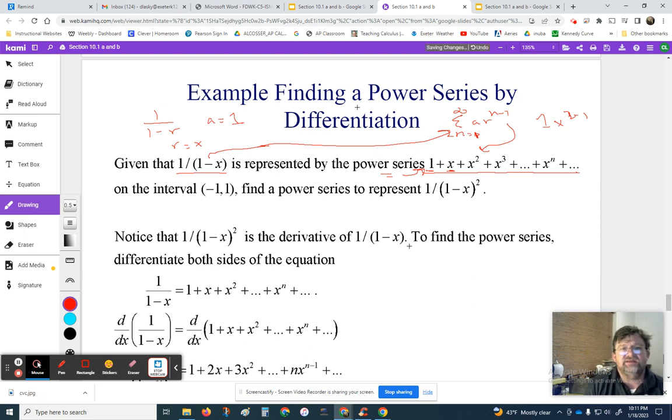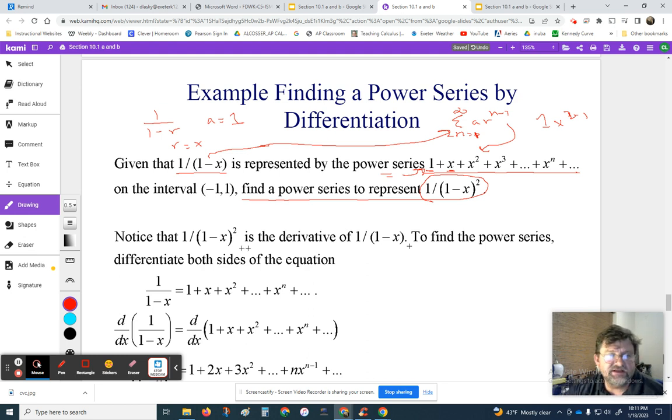And so they just say by differentiation. So we need to look at this and say, okay, they want me to represent this piece here. So we need to take the derivative, right?